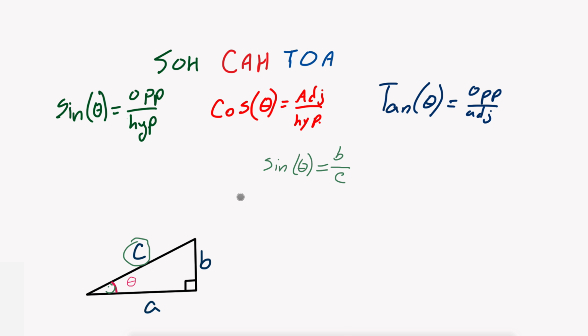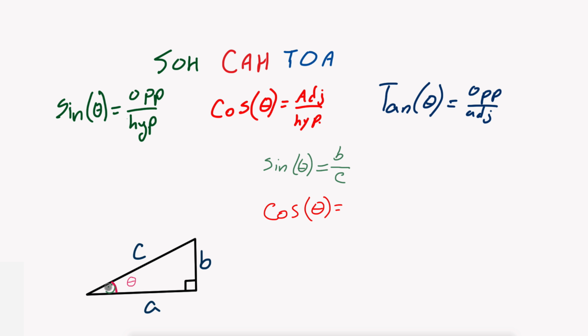So we can go ahead and now do cosine of theta. Again, you are still this angle theta, and you are very, very happy. Cosine of theta is going to be equal to the adjacent. Adjacent is the one next to.